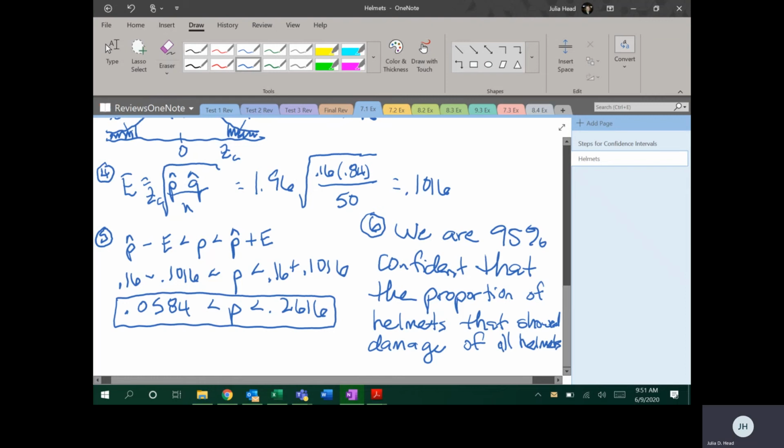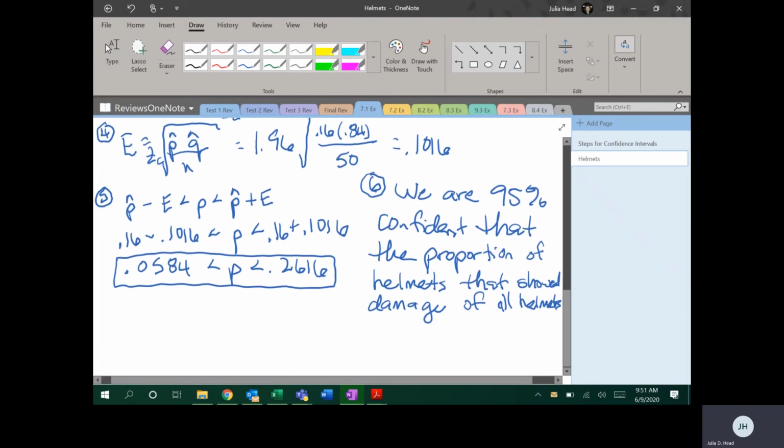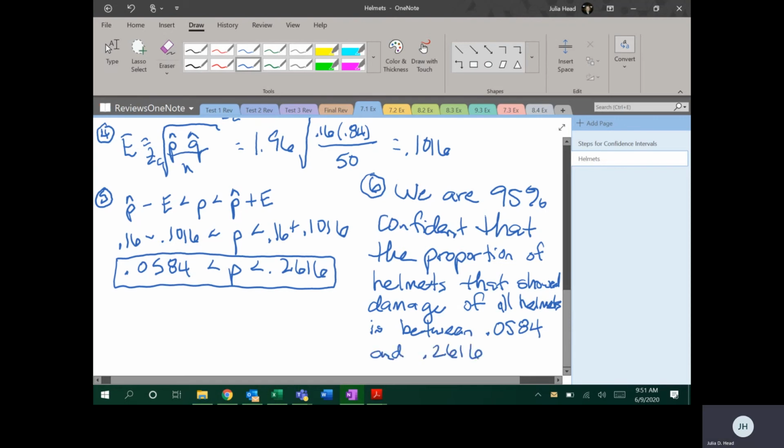And yes, it may sound a little awkward, but the proportion of helmets that show damage needs to come first and all helmets second. I know you could write it nicer and it would sound better, but it wouldn't be as clear if you switched that up. And then we finish it off, and it is between 0.0584 and 0.2616.